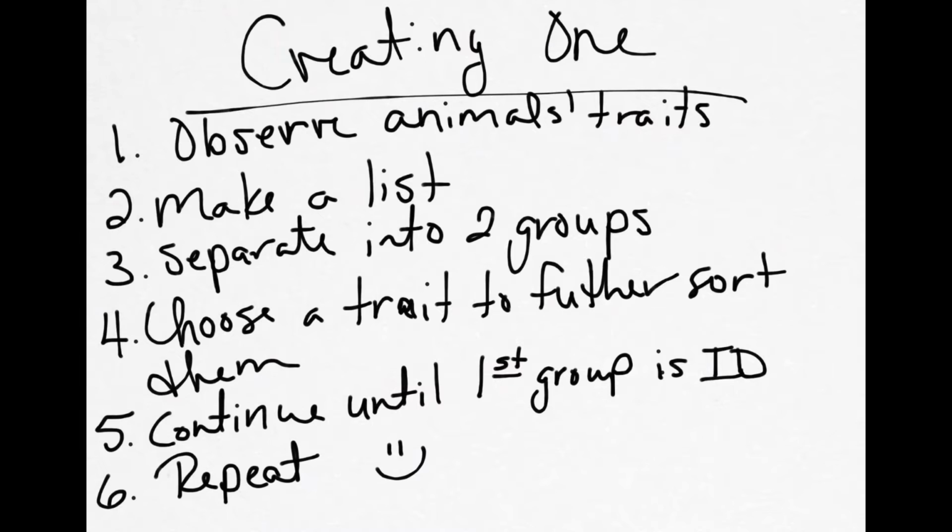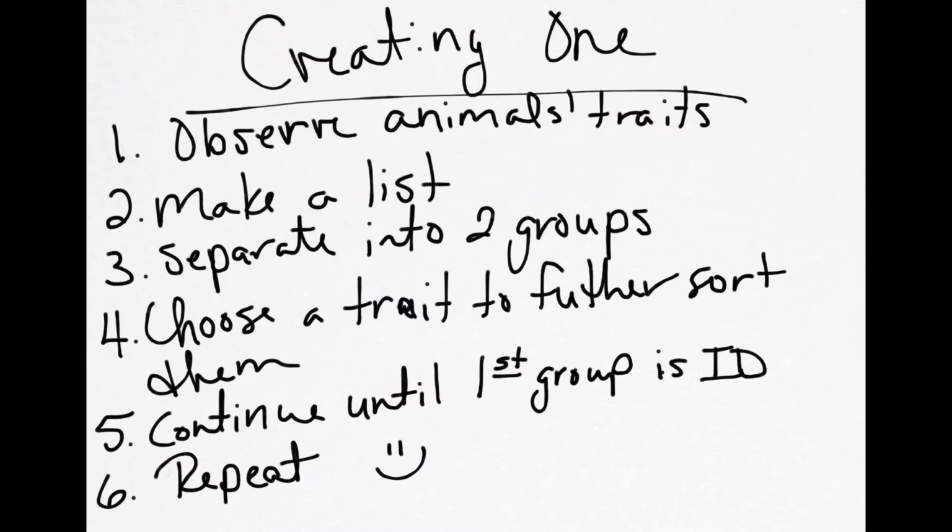Okay, once you have a list, then you're ready to get started. You want to pick one of the traits from your list and divide them into two groups. From there, you want to choose a specific trait. So for example, if we are doing wings versus no wings, we'll focus in on wings. That's going to be the specific trait that we focus in on.